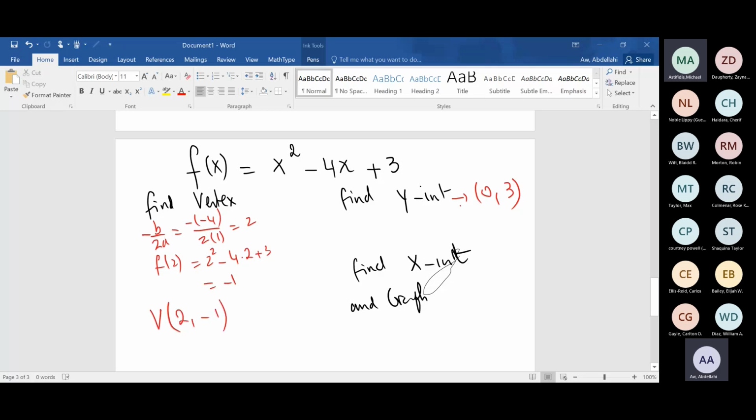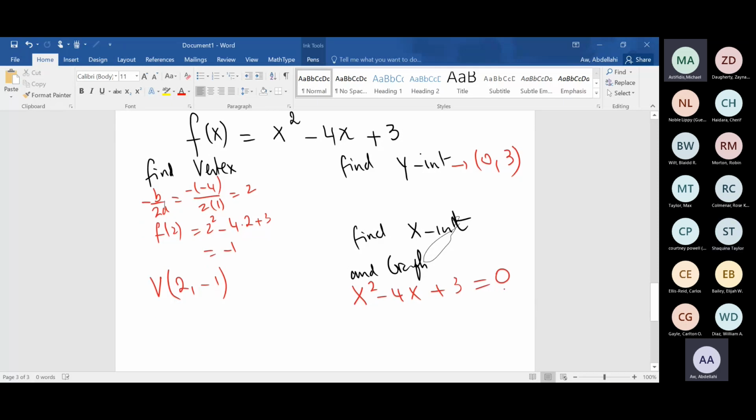Now the x-intercept, which way did you go? Did you factor or did you use the quadratic formula? For the x-intercept, we have to set the equation x squared minus 4x plus 3 equals 0. If the equation is nice enough that you can factor, can we factor? How do we factor this?